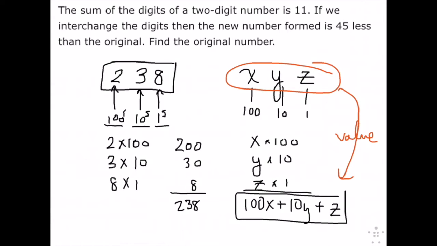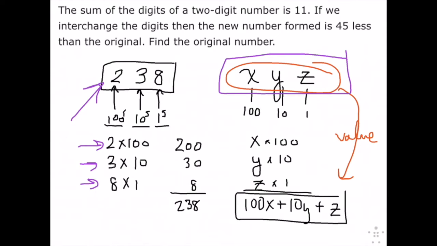Just like over here when I wrote this on the board, when I referred to this number, you said 238. You added them all up kind of in your head, and you said 238. You didn't say 2 times 3 times 8. Just like over here, when I say this number, I don't mean x times y times z. I mean the value of it, which is 100x plus 10y plus z.